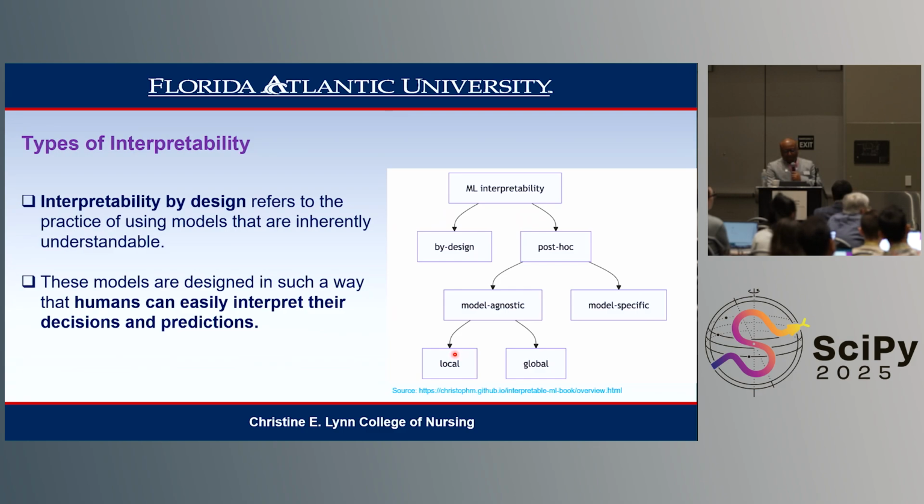So let's go to types of interpretability. From this chart, you can understand that in general we can distinguish between interpretability by design and post hoc interpretability. Interpretable by design means we train inherently interpretable models, such as logistic regression, instead of a random forest.